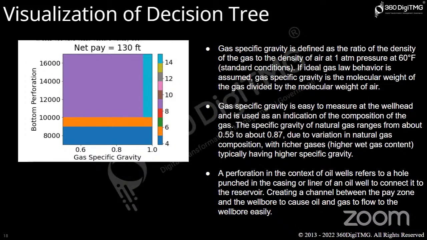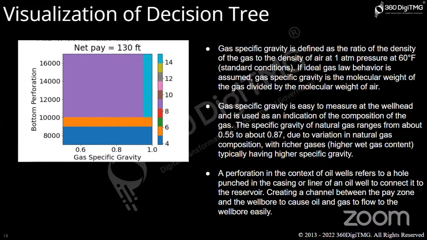Right? When we are trying to find the density of the gas, gas specific gravity is easy to measure at the wellhead, and it is used as an indication of the composition of the gas.